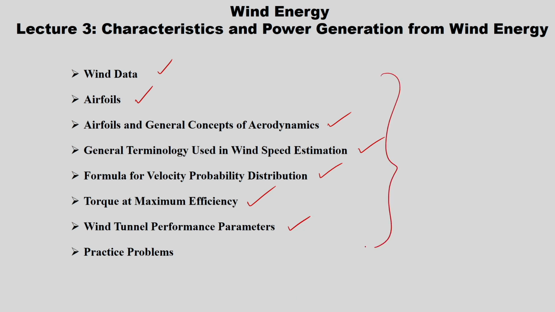To explain the concepts better, we would be doing practice problems in parallel. Apart from these, Professor Goud, who is my co-instructor of this course, would also cover a few practice problems on the same characteristics and power generation from wind energy. With these two lectures, we would be concluding this week.